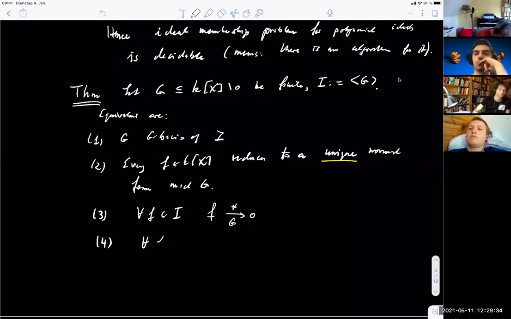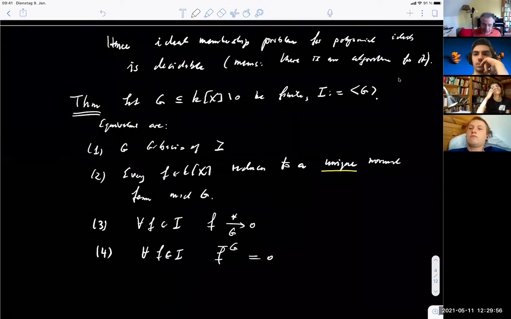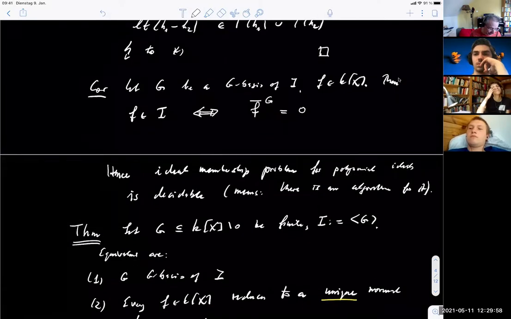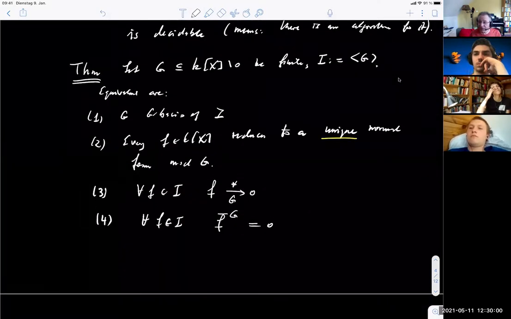For all f in I, the remainder of the division of f by G is 0. We just learned in the corollary that if I have a Gröbner basis, then this is the case. But the point is, this is equivalent. This characterizes Gröbner bases.